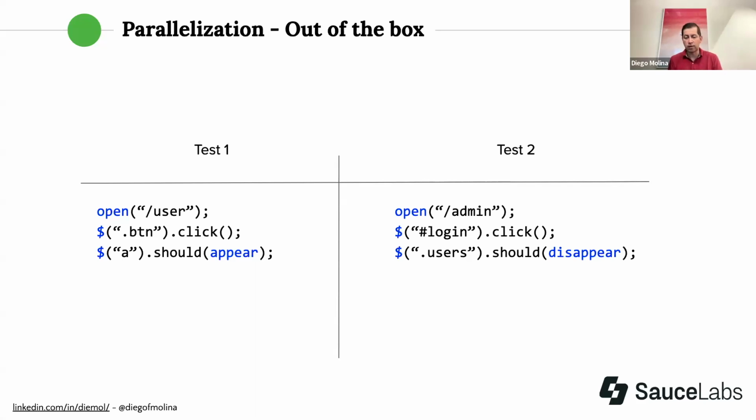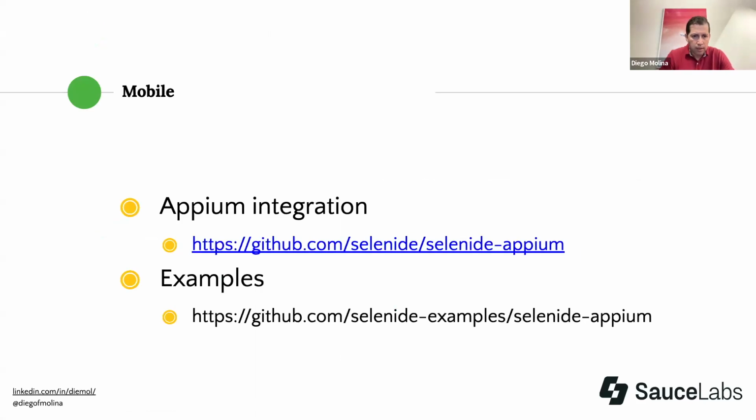And that's when you can actually have great benefits from having an account at Sauce, for example, because you can scale up your tests, finish your test suites faster, and that's how you can get more benefit from this type of tools. It has an embedded natural out-of-the-box integration with Appium if you want to do mobile testing.